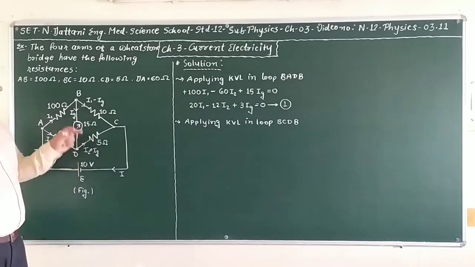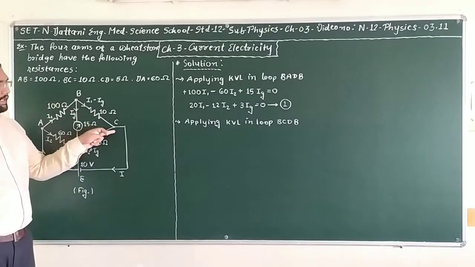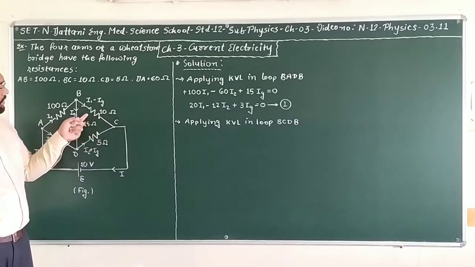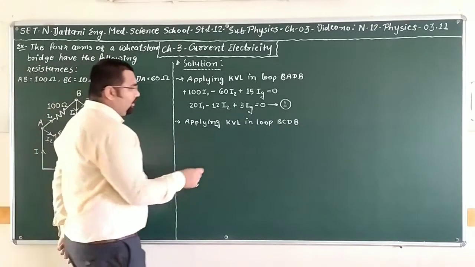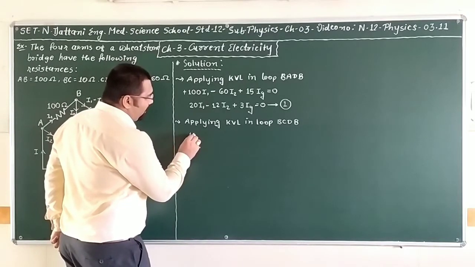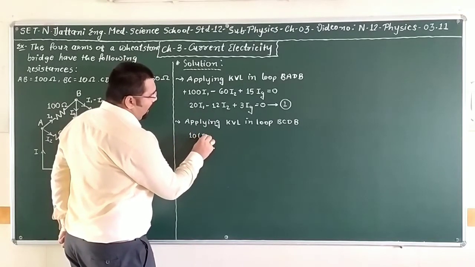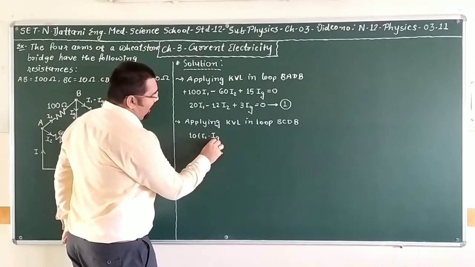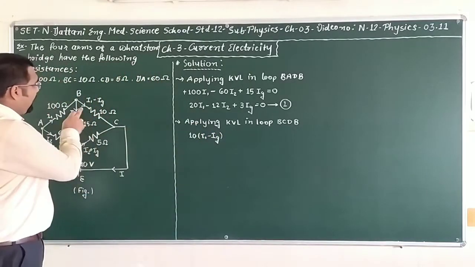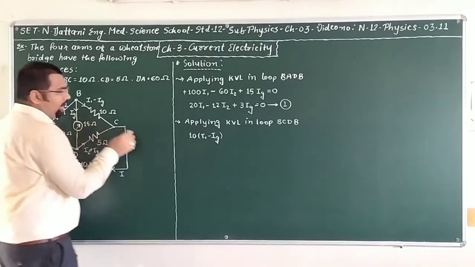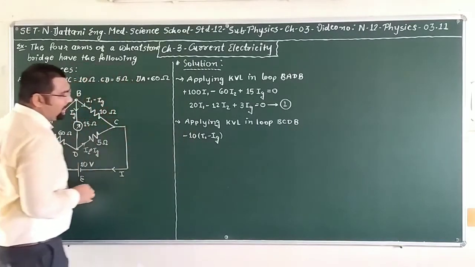First of all, we will go from B to C. Here both the directions are same. So we can write 10 into I1 minus Ig. Since the directions are same, we write a negative sign.